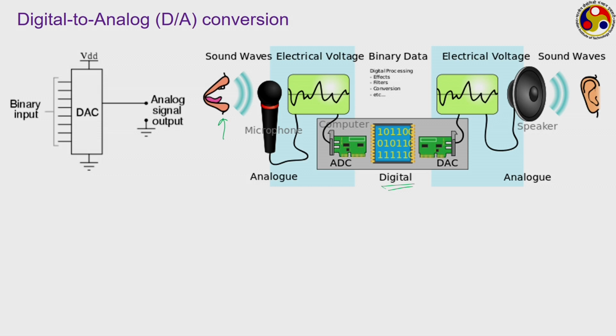Now, there in the handset the digital signal gets converted back to analog, and we get the analog sound wave back, and so the recipient is able to hear the sound.